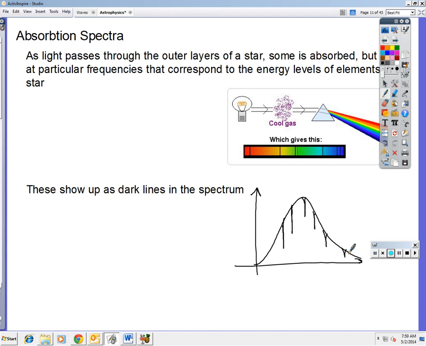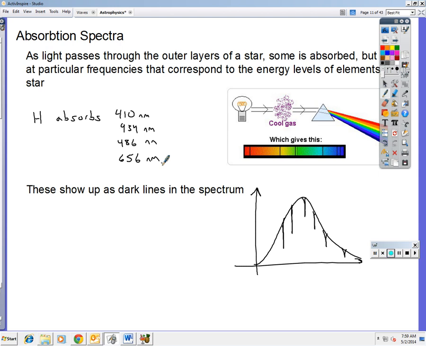So for instance, hydrogen absorbs at 410 nanometers, 434 nanometers, 486 nanometers, and 656 nanometers, and then various other frequencies in the infrared and ultraviolet.